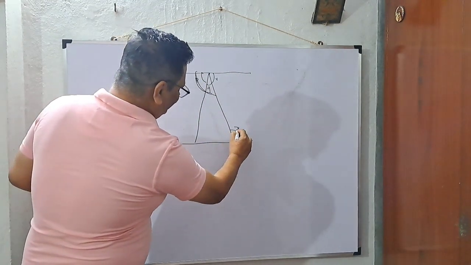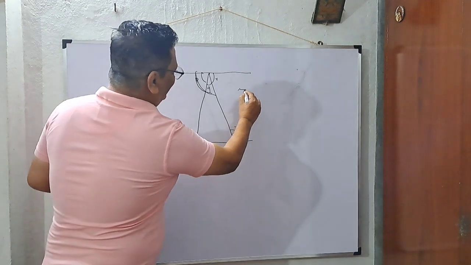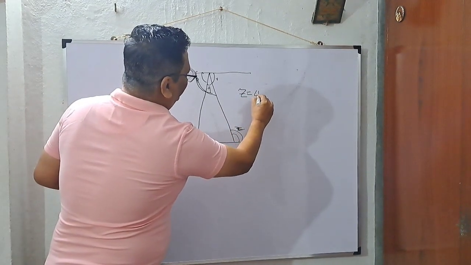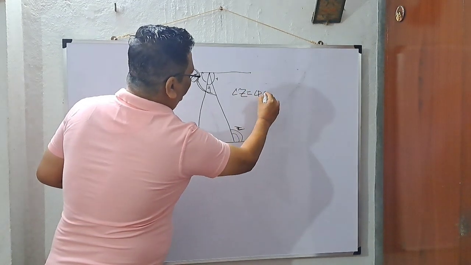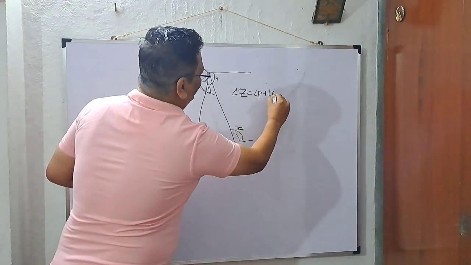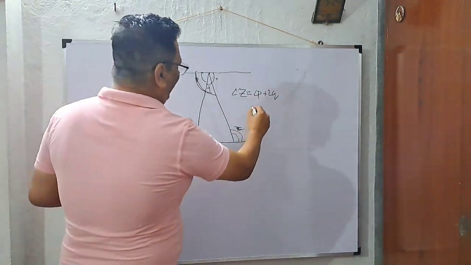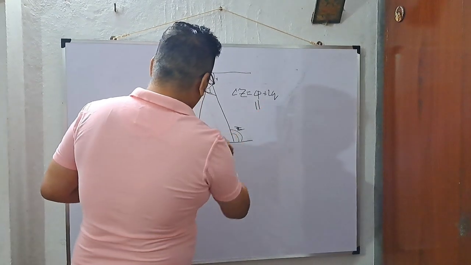If we call it angle Z, then angle Z will be equal to angle P plus angle Q. Now we have already proved that angle P is equal to this angle.